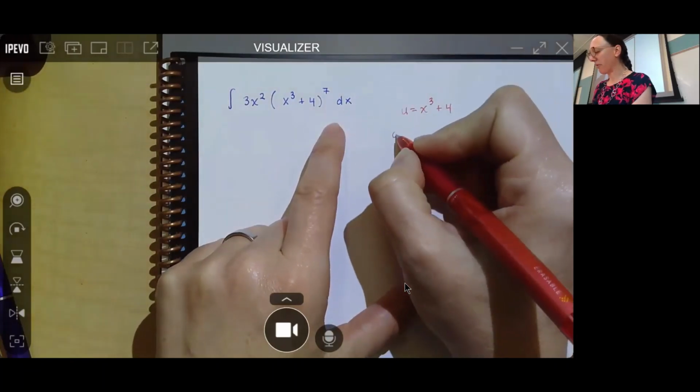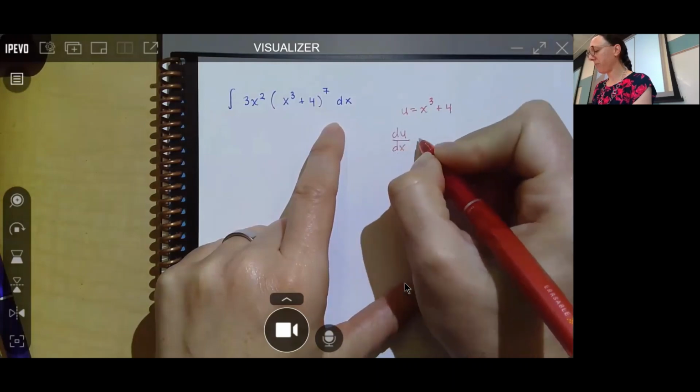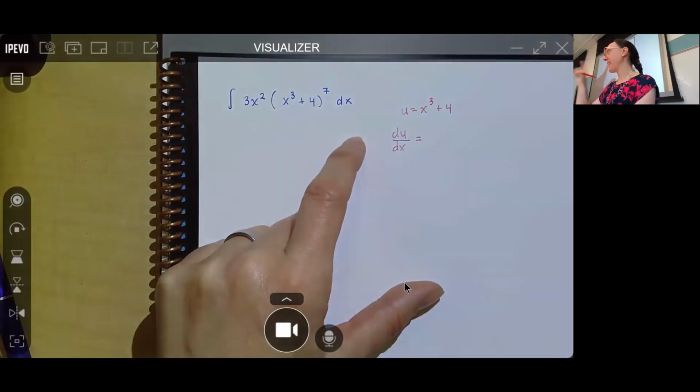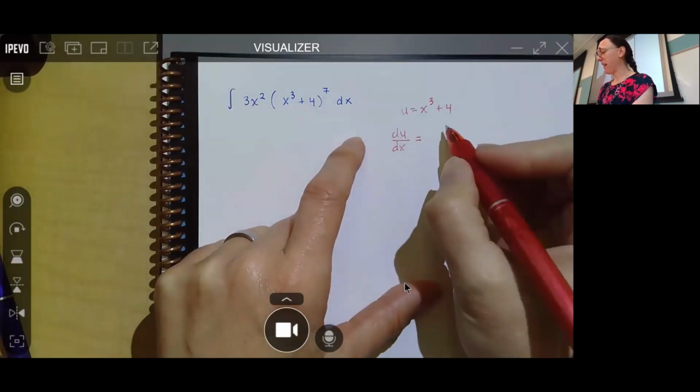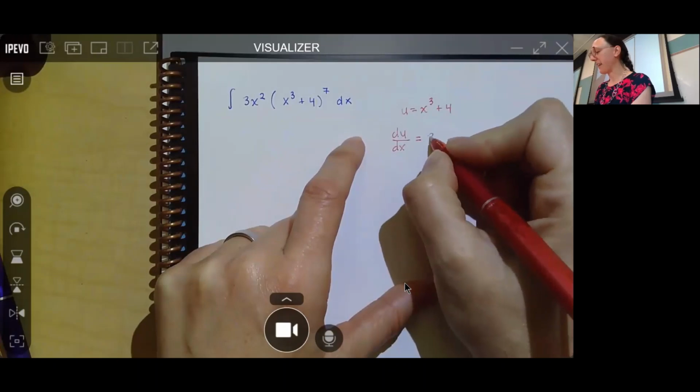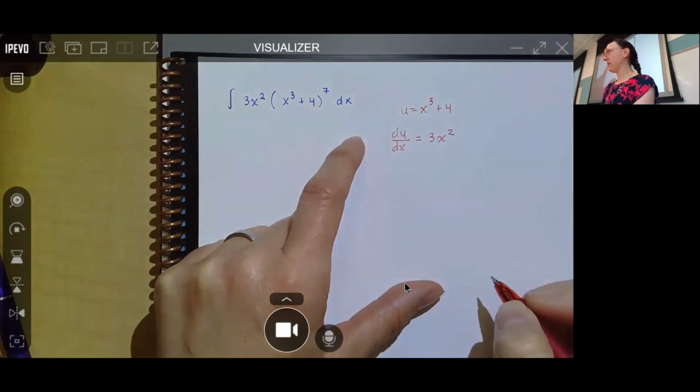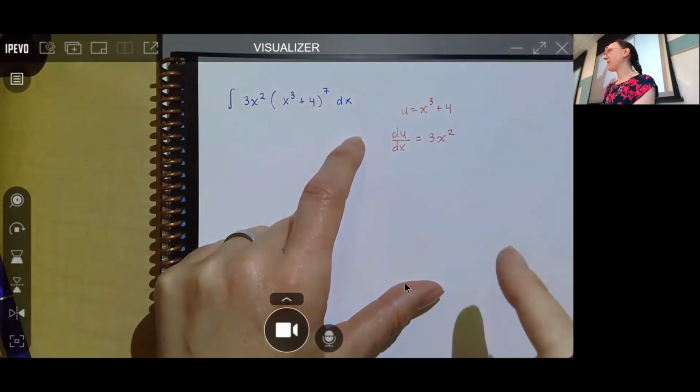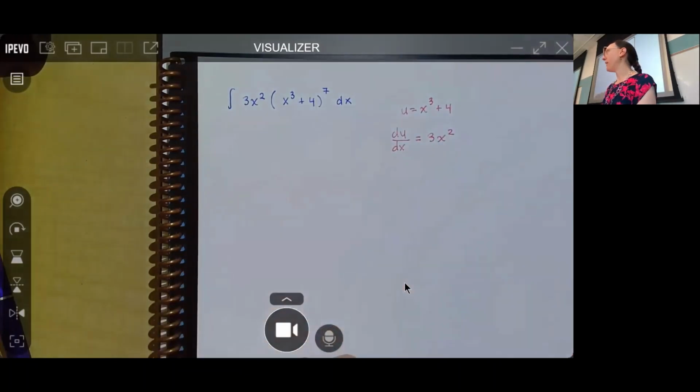So I'm going to take the derivative. I'm doing it this way once and only once. I'm not writing it this way again, but I'm going to take the derivative. And when I take the derivative of the right-hand side, I get 3x squared. That is true and correct, but it's going to slow me down to write that step out.